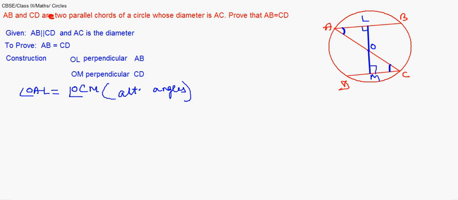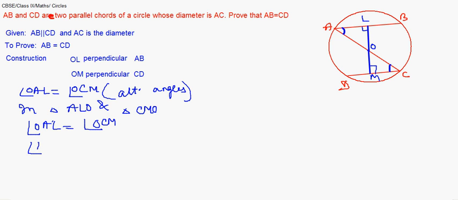So let's take up triangle ALO and triangle CMO. How can we prove the congruency? We have already shown angle OAL is equal to angle OCM. Then we can also say angle AOL is equal to angle COM because they are vertically opposite.